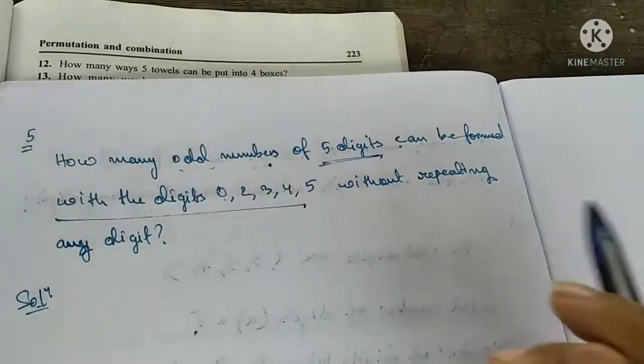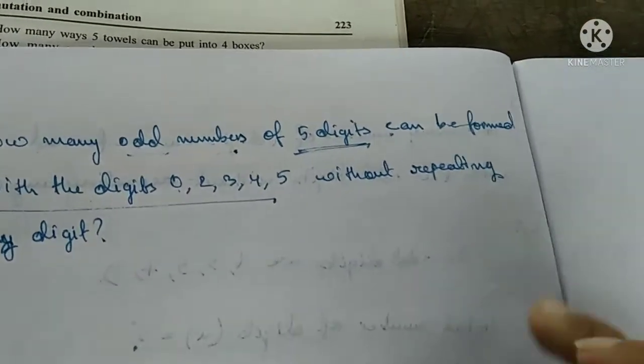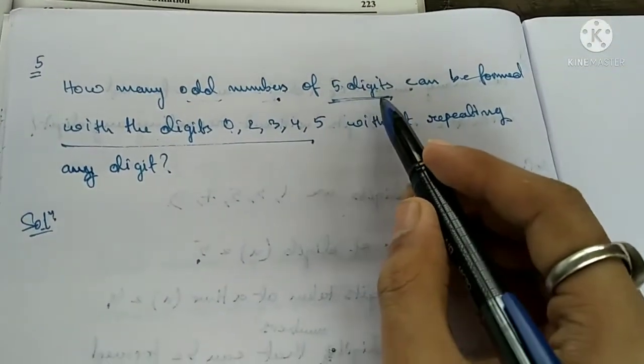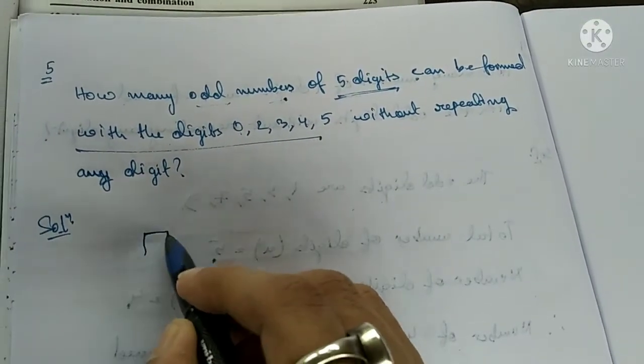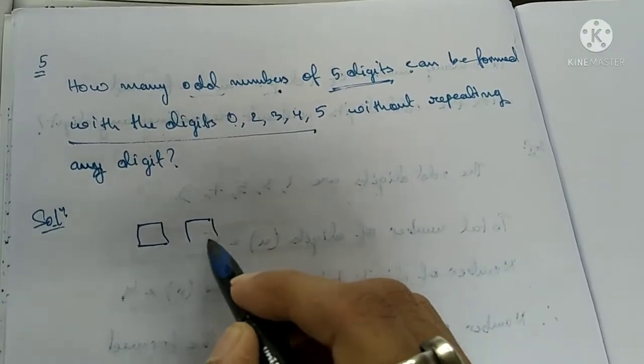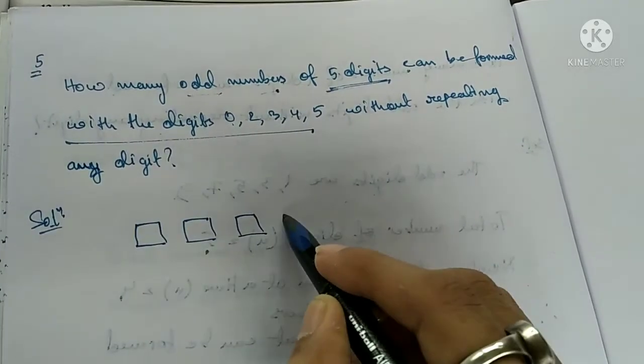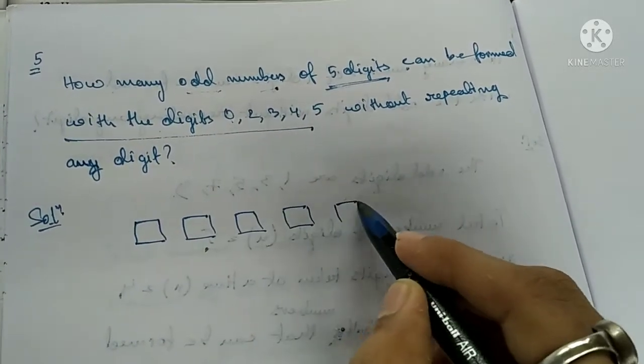But here in question number 5, you see the solution. I am making a 5-digit number. These are the available digits. So now I will make 5 boxes: 1, 2, 3, 4, 5.